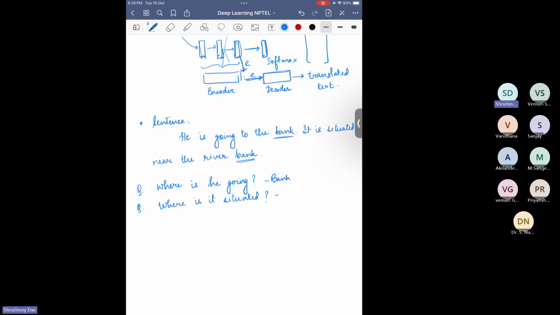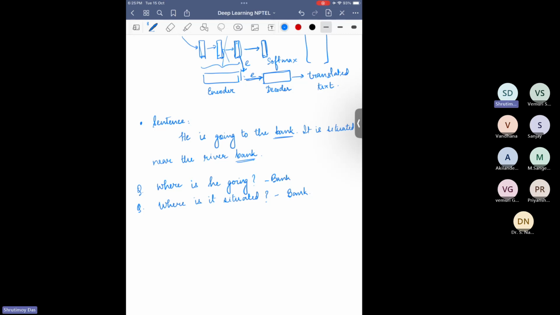And now the answer will also be bank, but now it will mean the river bank. So the bank of a river. Actually the example is a bit different than this, but the essence is the same. What I want to show here is that it depends on the question.